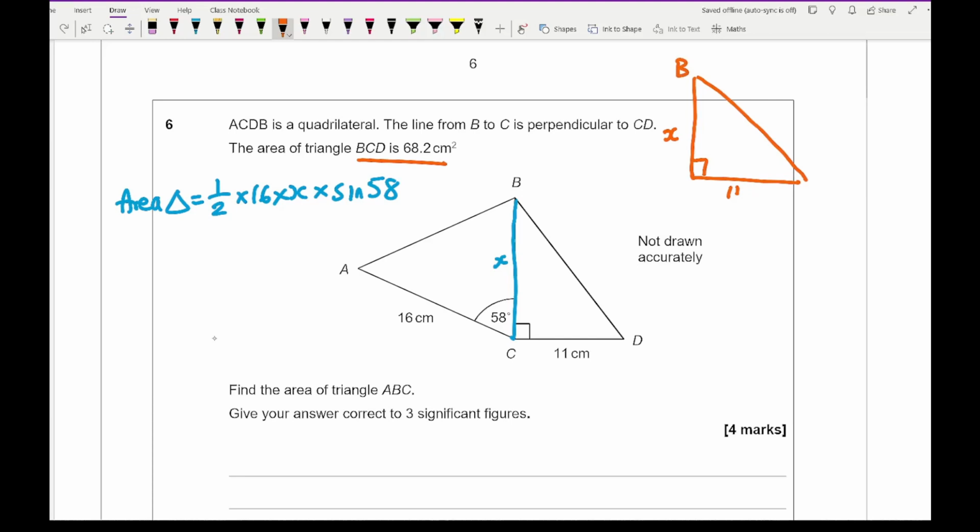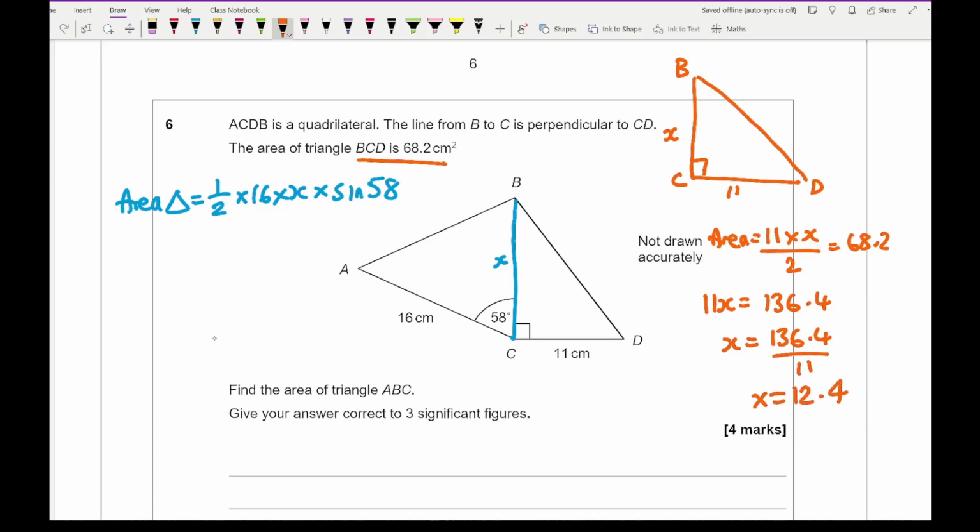So that's B, that's C, that's D. So the area of this triangle is 11 times x divided by 2, equals 68.2. Rearranging, I get 11x equals 68.2 times 2, which is 136.4. I can then divide that by 11, which gives me an answer of 12.4. So that means that x is 12.4.